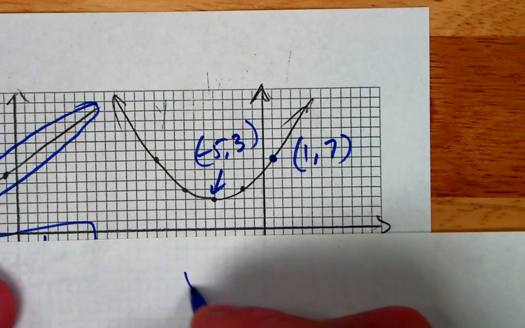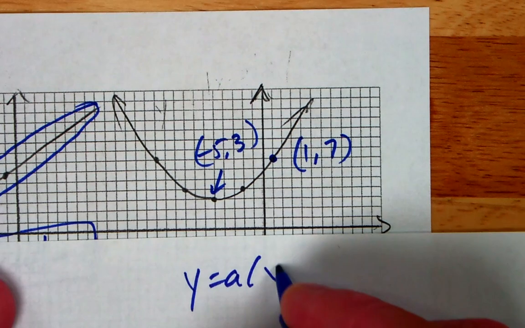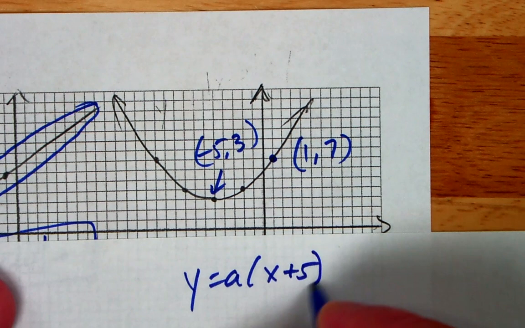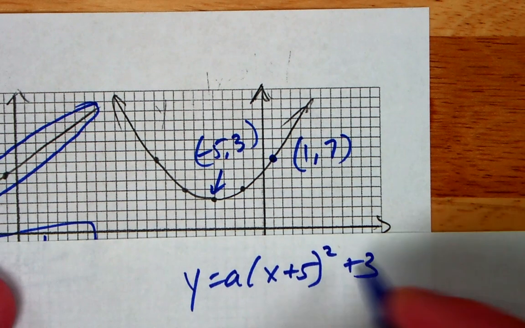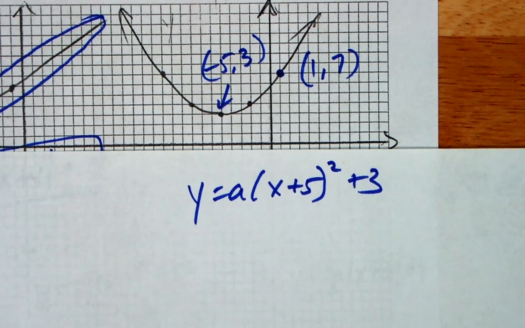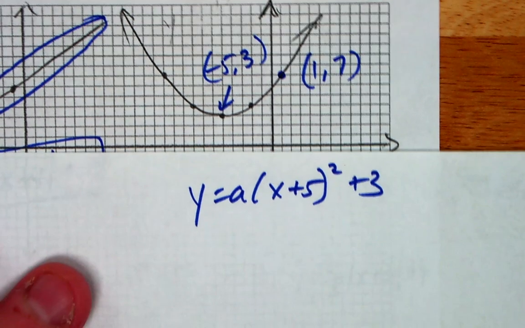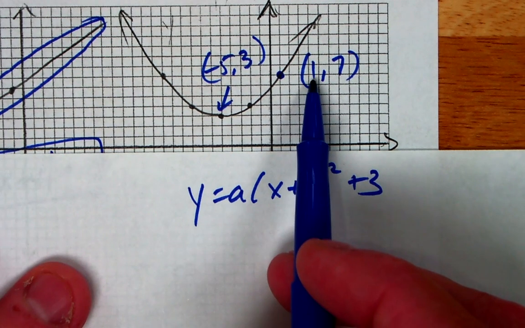So let's write what we know. So now what could I do? Plug in 1 for x.